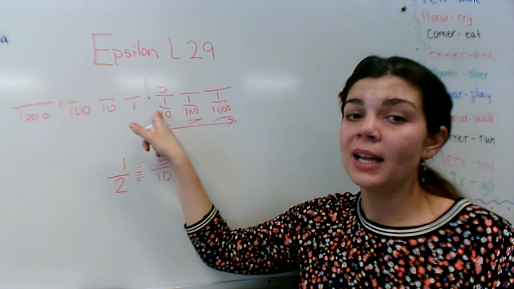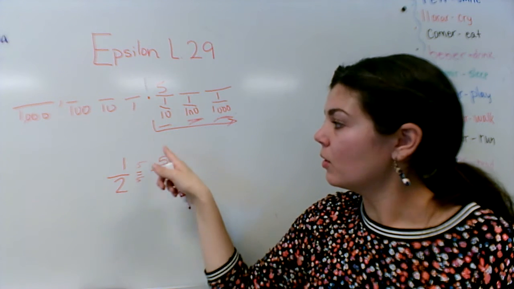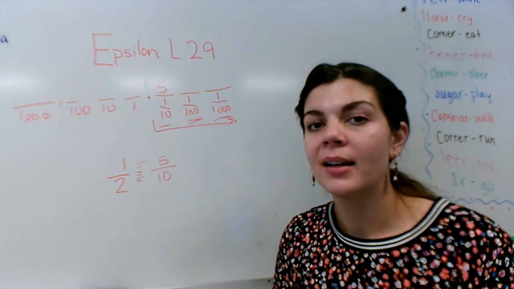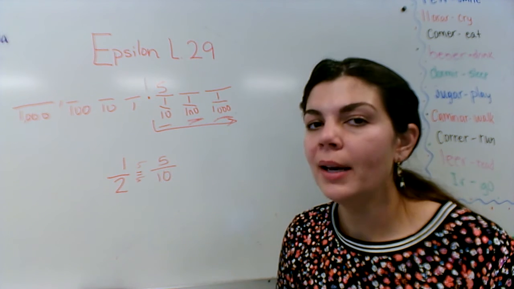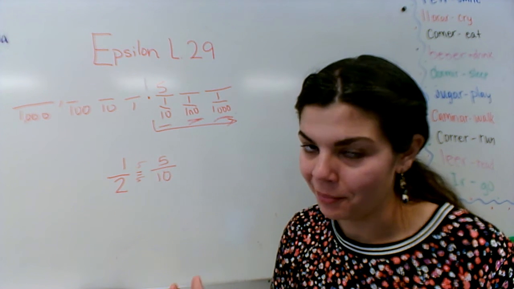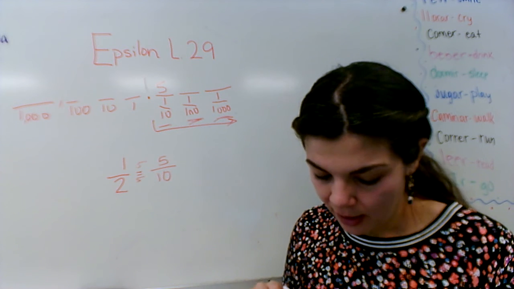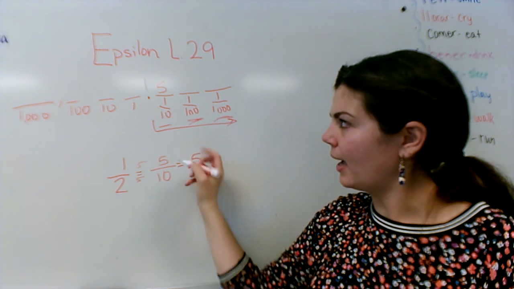So you could say 1/10, or you could just say tenths. So I've got 5 tenths. That means my 5 is going to go above the tenths place. This is also number 2 on your paper, by the way, if you want to follow along. So this turned into 0.5, like up there.